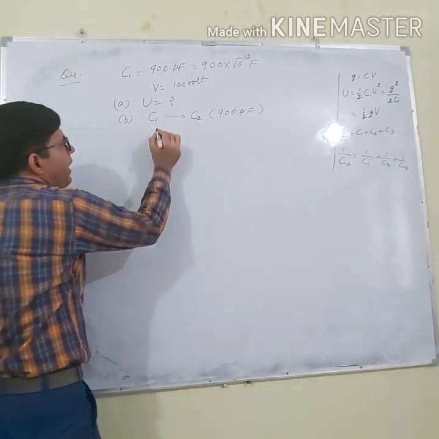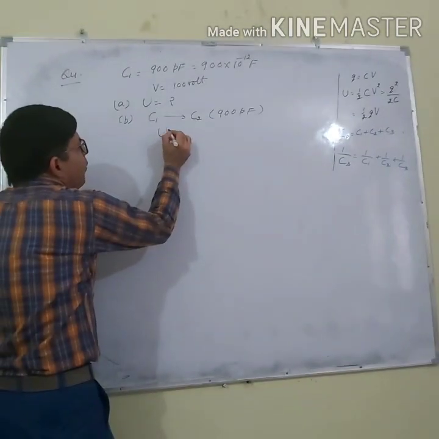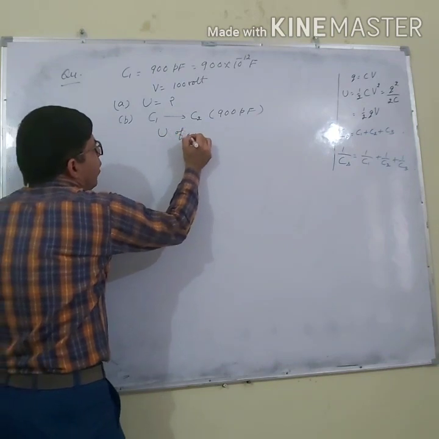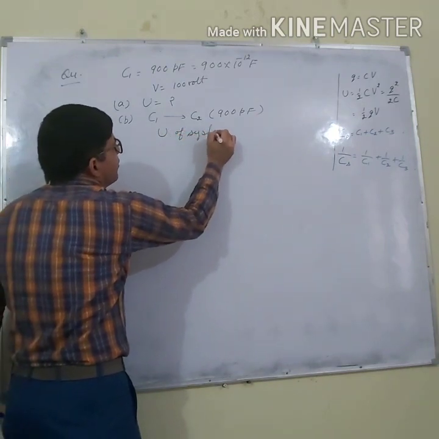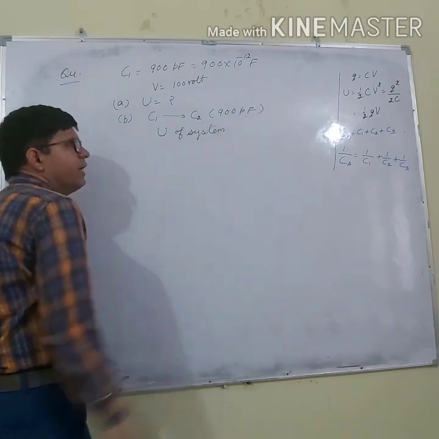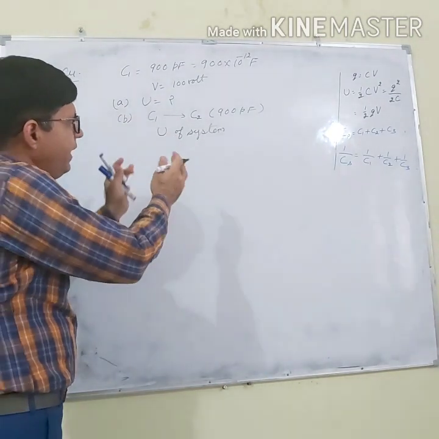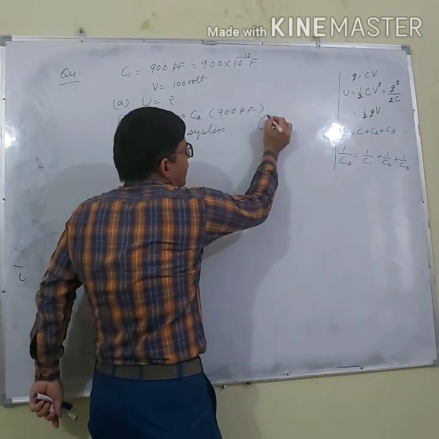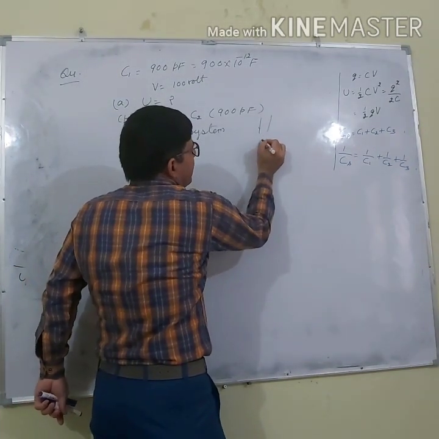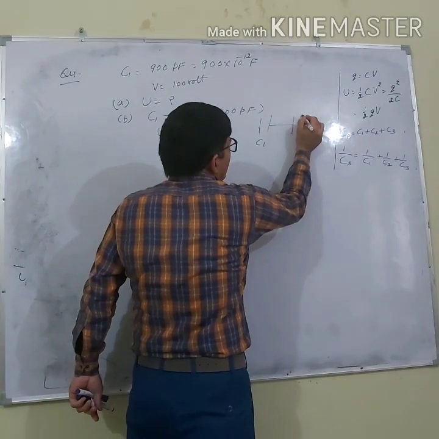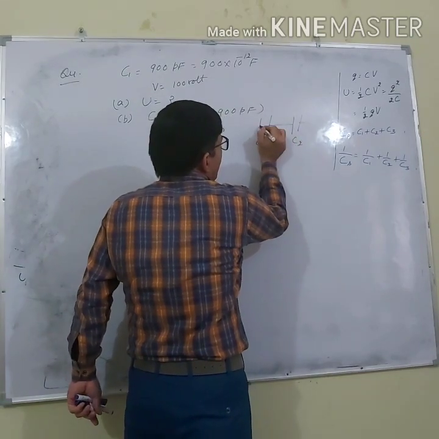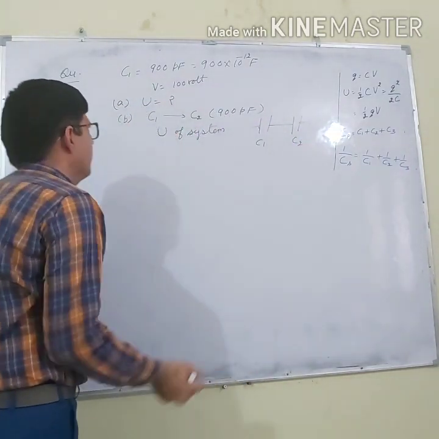What I have to calculate is the potential energy of the system, that is, the potential energy stored in C1 and C2, provided C1 and C2 are brought in contact with each other.